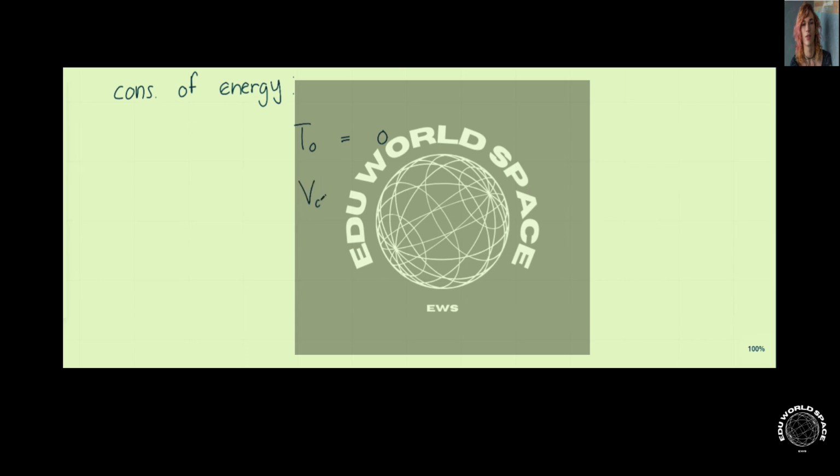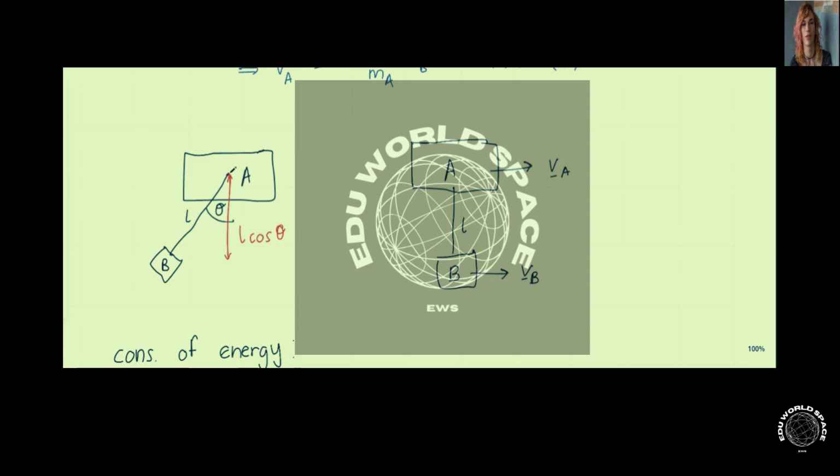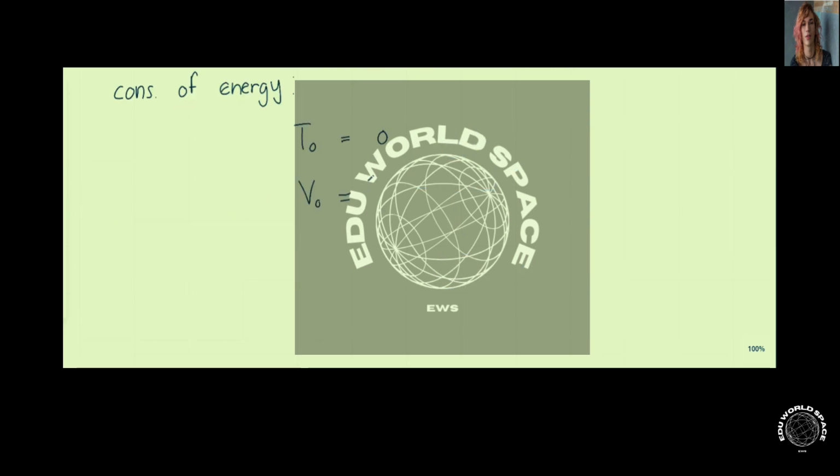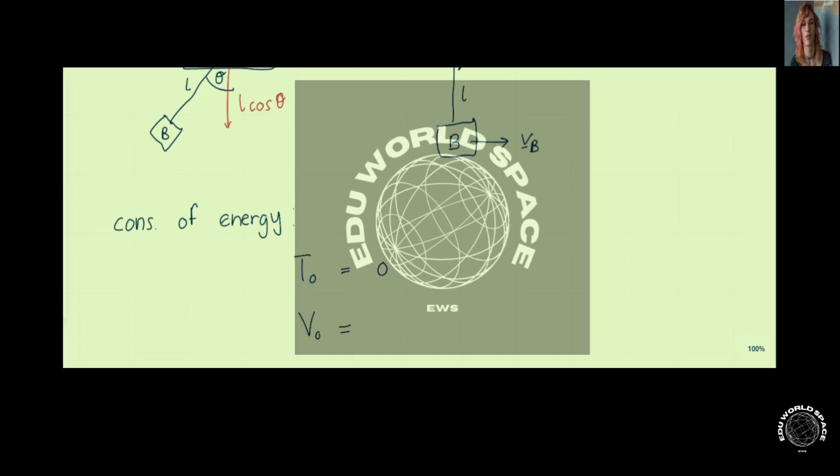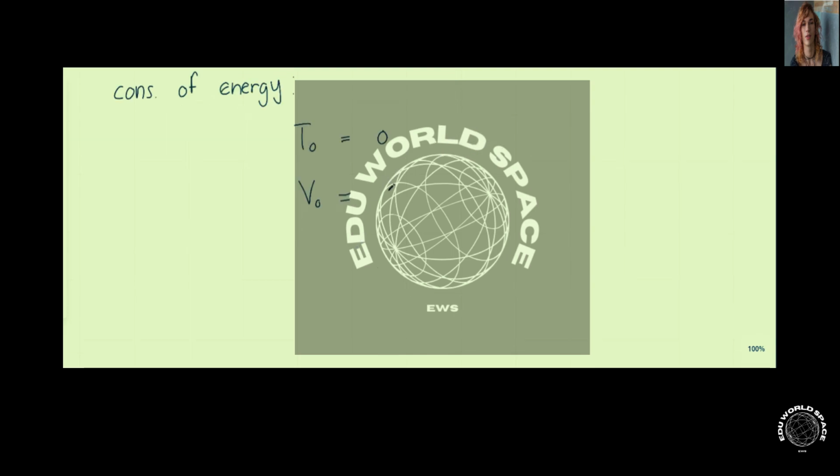The potential energy of the block V0 is equal to mgh, the height of the block above its position directly below the cart A. So this is the mass of the block times acceleration due to gravity times h. And h in this case is L into 1 minus cos theta.